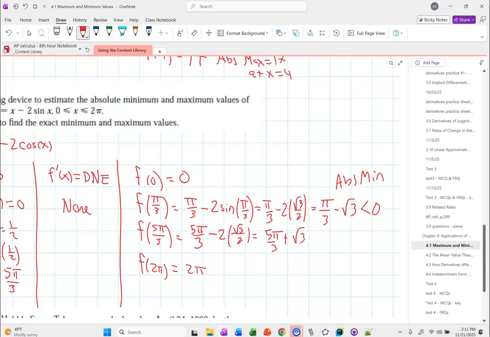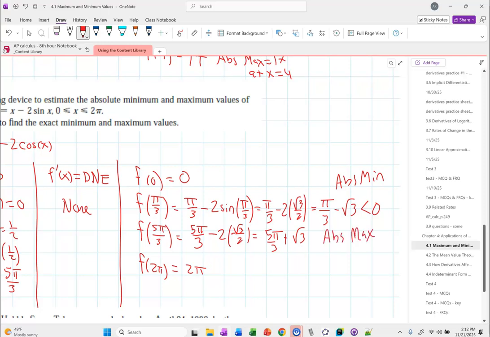Now the question is, which one of these two is bigger? No limbs. Tell me the answer and tell me why. I don't know. You do. Well, it's in the fourth quadrant, and then 2 pi is a little bit more.